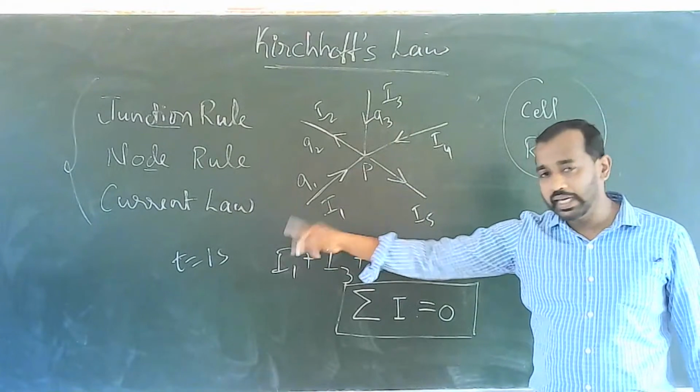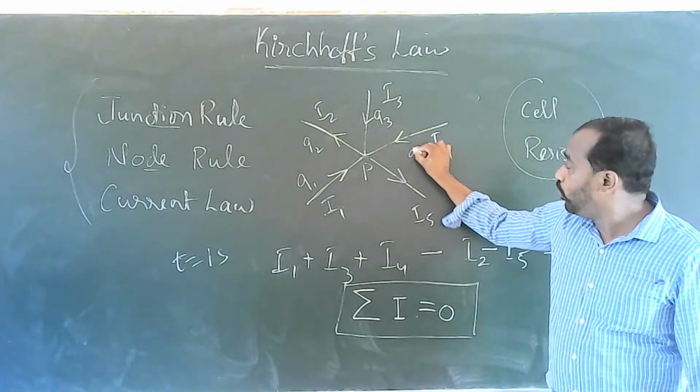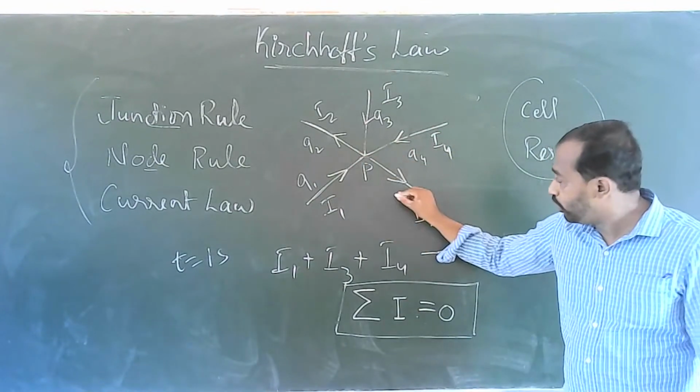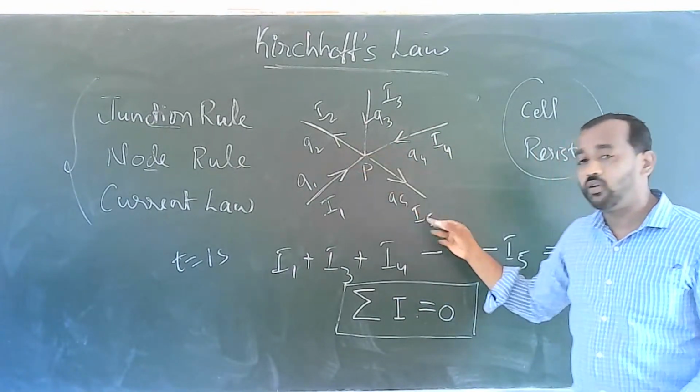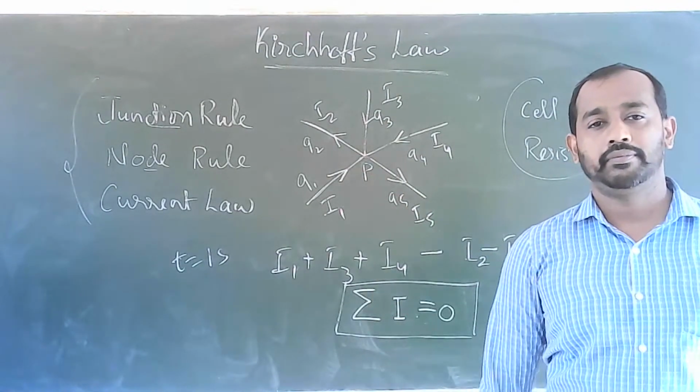Q3 amount of charge, again in 1 second, will reach the point P. Q4 amount of charge in a different path will reach the point. Q5 amount of charge will move out of the same point in a time interval of 1 second.